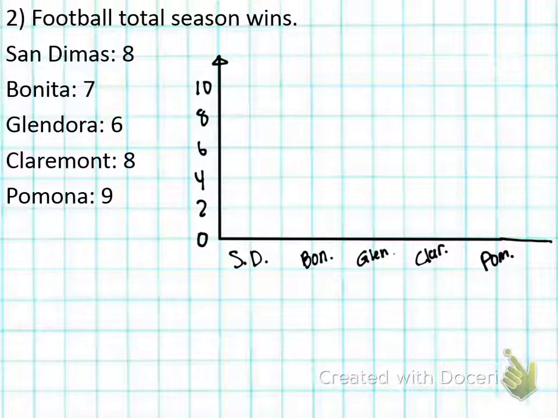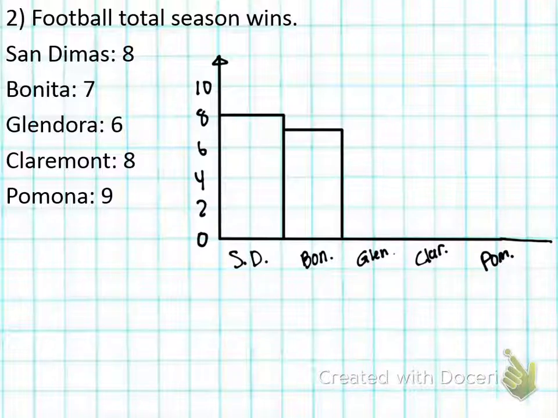Okay, now I start writing it out. So San Dimas is 8. Then we know Bonita's 7, so it's in the middle of 6 and 8. I'm being as neat as possible because the purpose of this is so we can show other people what these numbers represent.